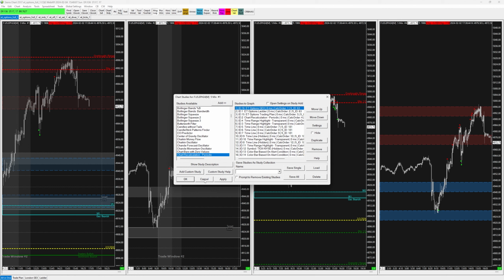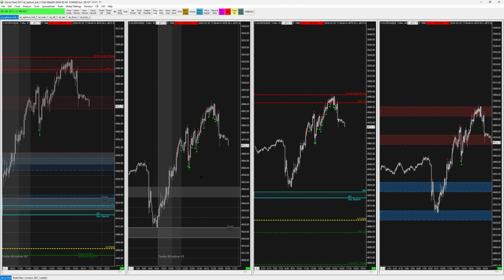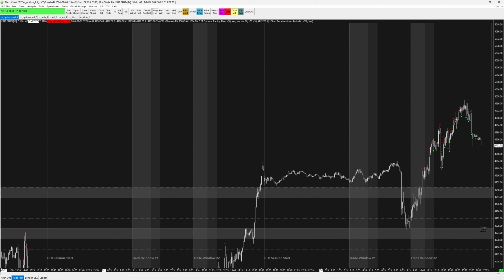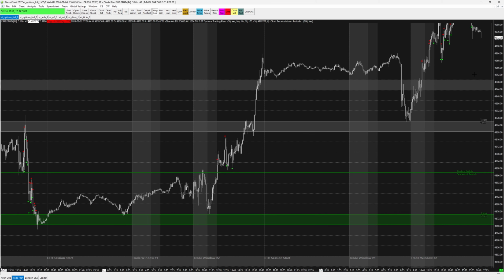Okay, so first let's start with the trading plan. I'm not going to dive into the strategy itself, but just to explain what it is.